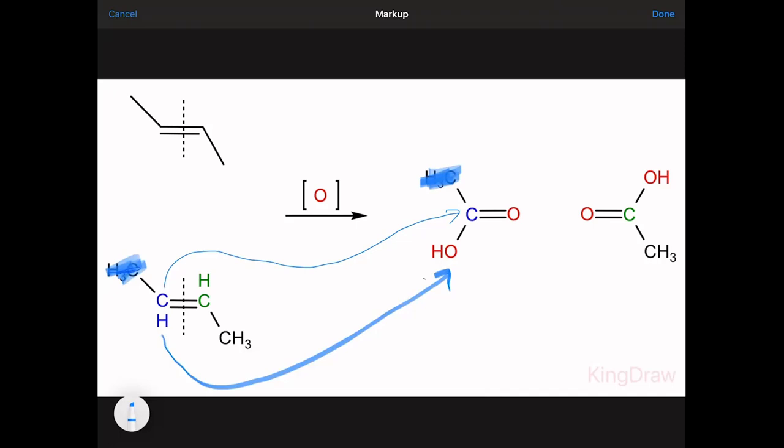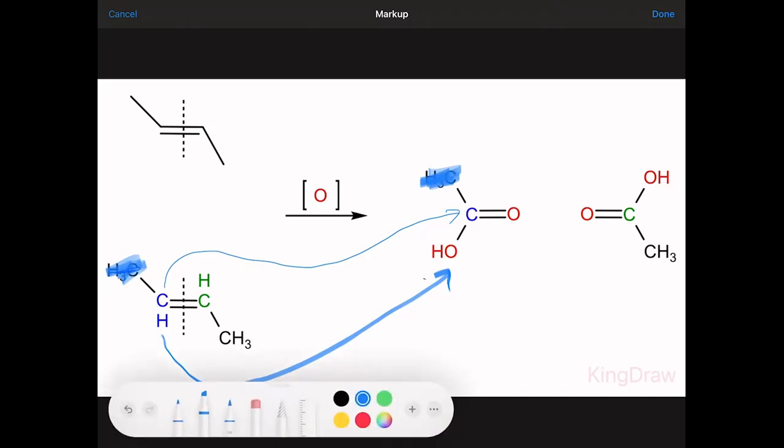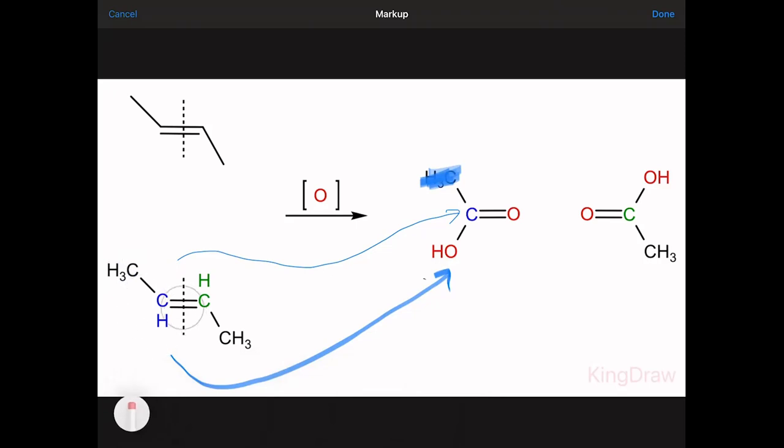So how do we know that it's going to move as OH, or that it's going to be lost as water? So it's okay. The rule is quite straightforward. Wherever you see an H, replace it with oxygen. If you have 2 H's, for example, you can replace it with a double bond. If you have only 1 H, you have to replace it with OH.